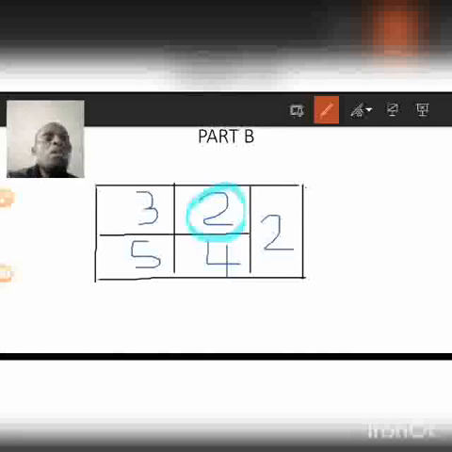What I must do is to start with this position that is complete. 3 times 4 gives me 12.